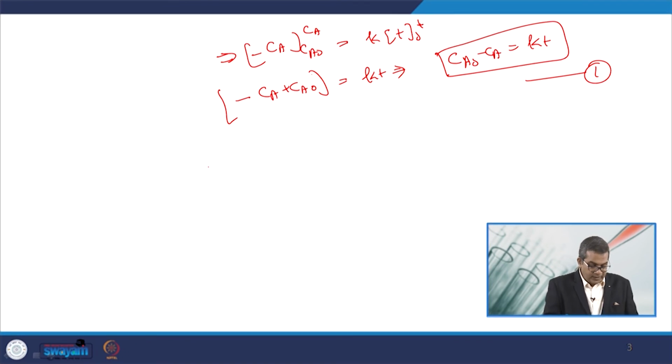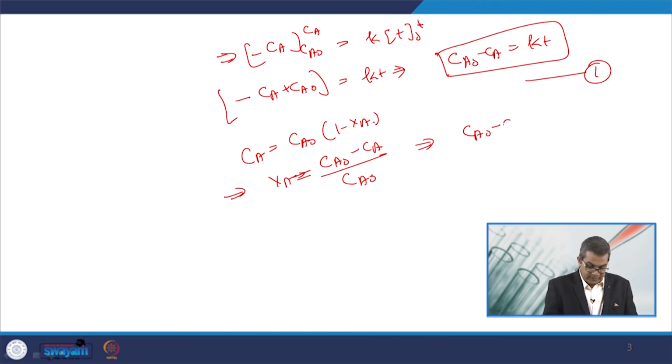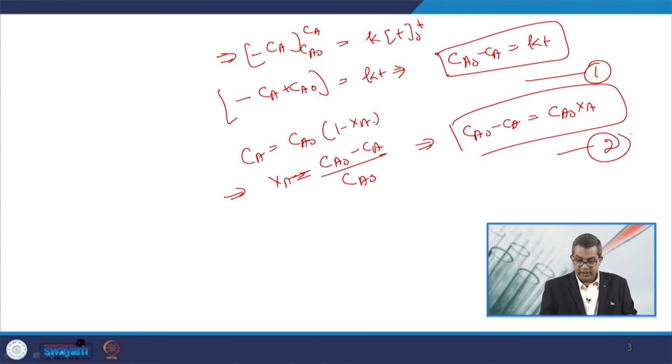Now as we know, for conversion, Ca is equal to Ca naught into 1 minus Xa. So Xa is equal to Ca naught minus Ca upon Ca naught, that is Ca naught minus Ca is equal to Ca naught Xa. That is my equation number 2. From these two equations we have Ca naught Xa is equal to Kt.